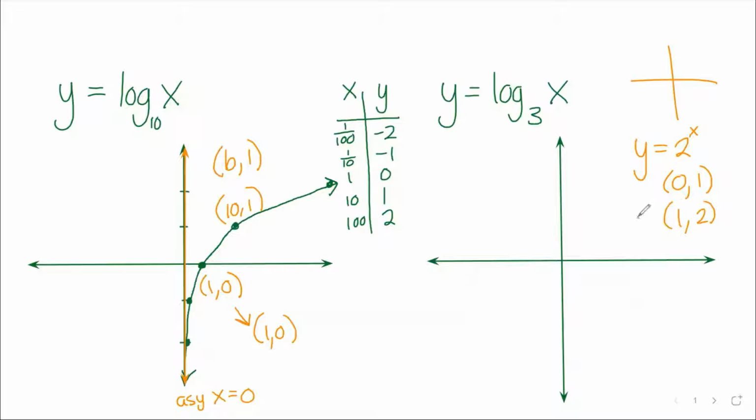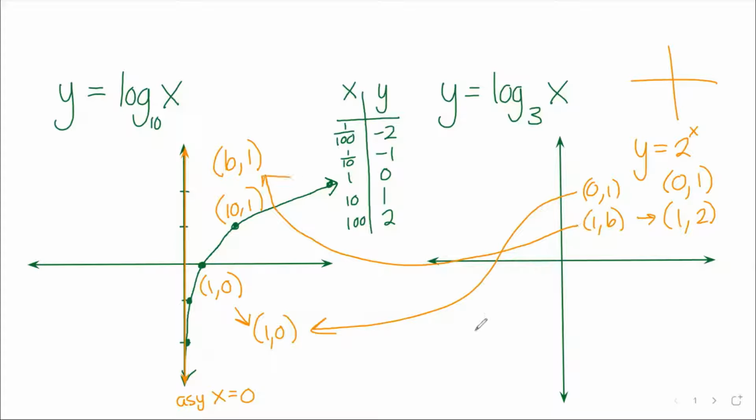In other words, we'd have 0, 1, and 1 comma whatever the base was. Well, look at this. We've got same thing, just backwards. So same general idea. And this is what I mean. Pretty much everything that we do with logs is either the same thing or like the flip version, but very much related to how we did it with exponents.